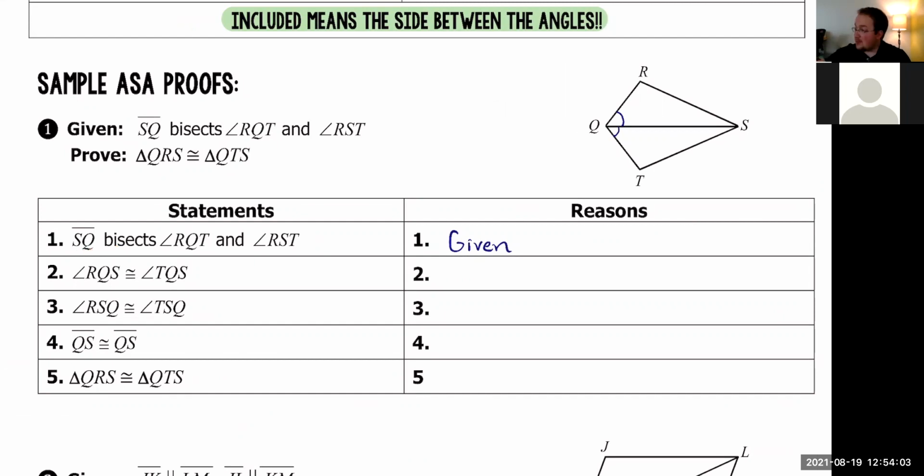Absolutely. So I'm going to focus on the first one. You said SQ bisects RQT. So this big angle over here, the word bisect means cut perfectly in half, which means those two resulting smaller angles that are created must therefore be congruent. So our reasoning would just be the definition of bisect.